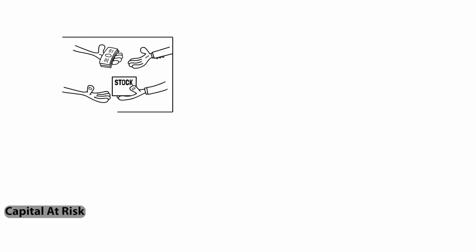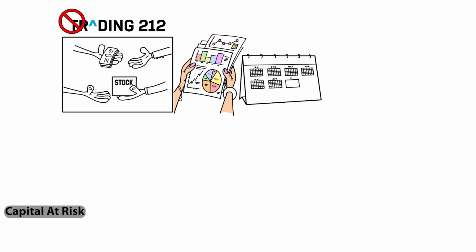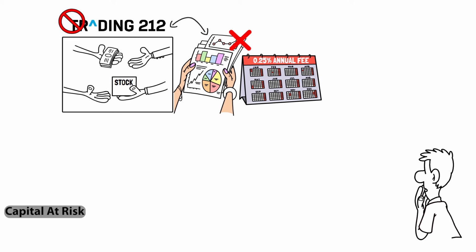InvestEngine offers a focused, low-cost investment experience with no FX fees, as all its ETFs are traded on the London Stock Exchange in Great British Pounds, unlike Trading 212, which applies foreign exchange fees for currency conversion. Additionally, InvestEngine further differentiates itself by providing both a managed portfolio option at a low 0.25% annual fee and a commission-free DIY option, whereas Trading 212 only offers DIY trading without a managed portfolio feature.